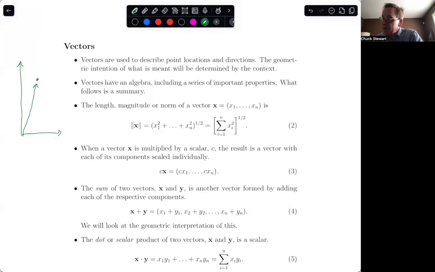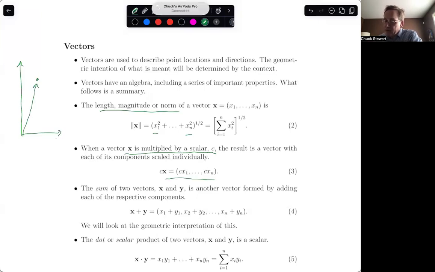Vectors have a length or magnitude, which is the square root of the sum of the squares of each component, and the square magnitude is just that sum of the squares. When a vector is multiplied by a scalar, the result has each component multiplied by the scalar.